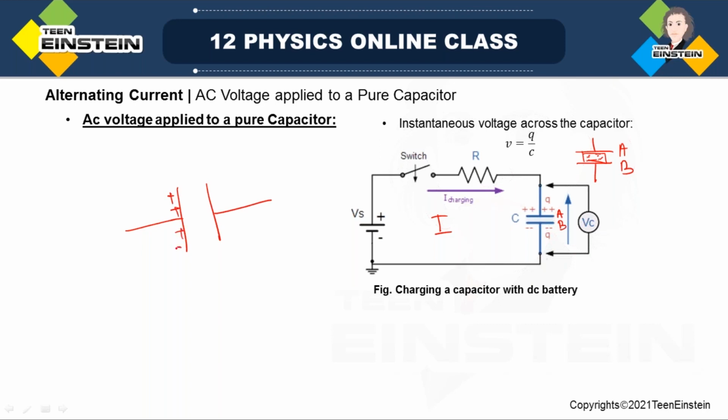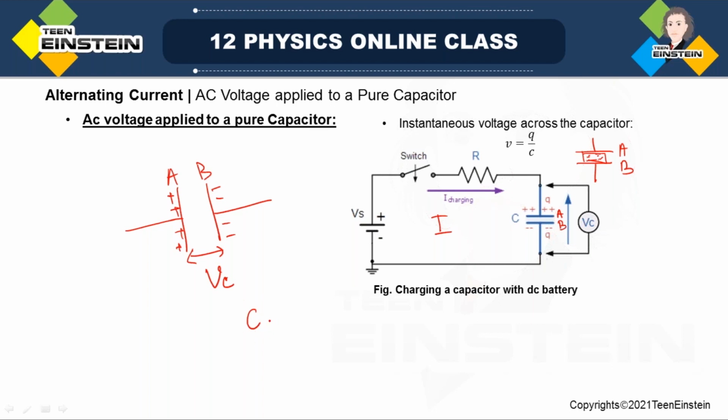So when there are charges accumulated in one plate, positive charges and negative charges on the other plate, so you can think that there are two charges nearby. So there will be obviously a potential difference across this or voltage across this. Okay, we can say this as VC, voltage across capacitor.